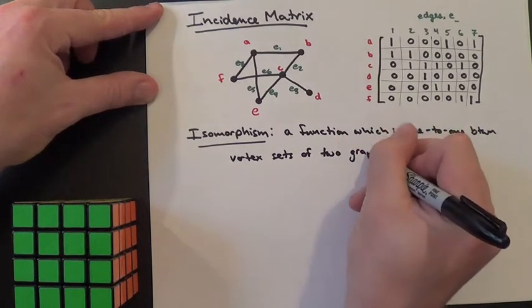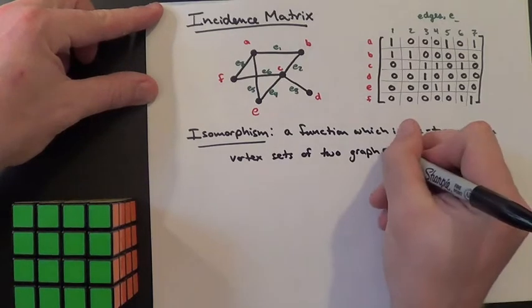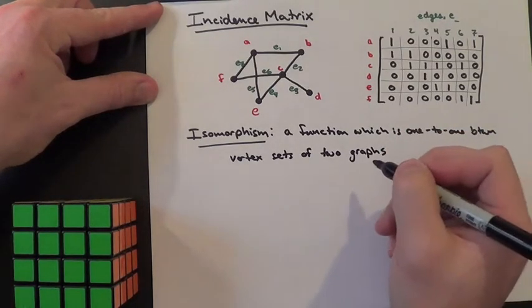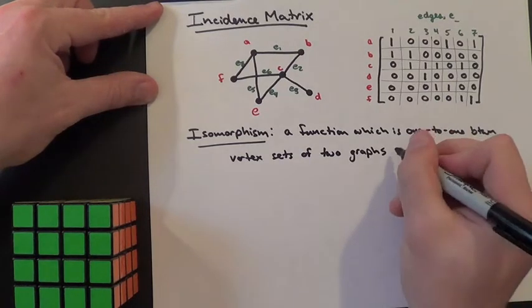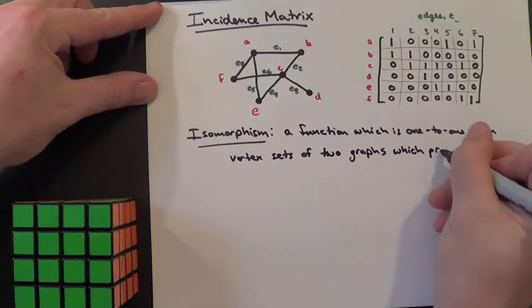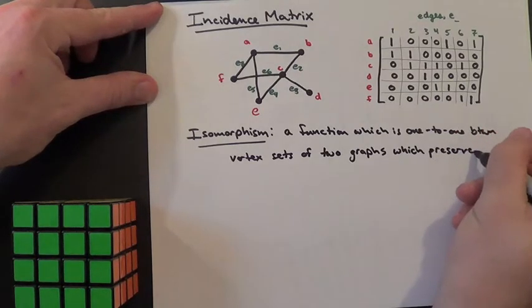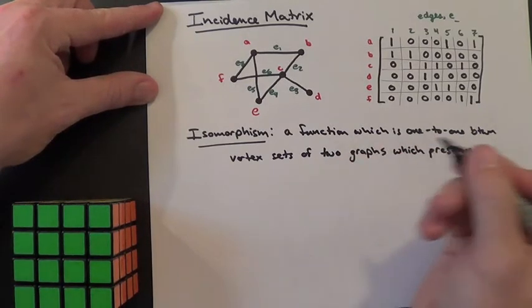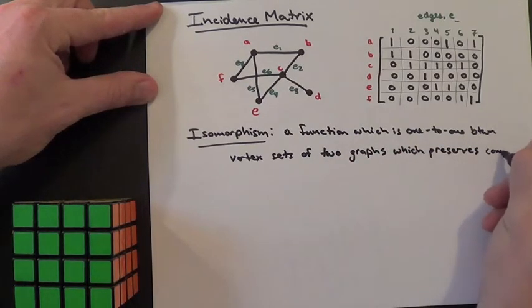I guess it could be the same graph. Two graphs. So an injective function between two graphs which preserves connections, essentially.